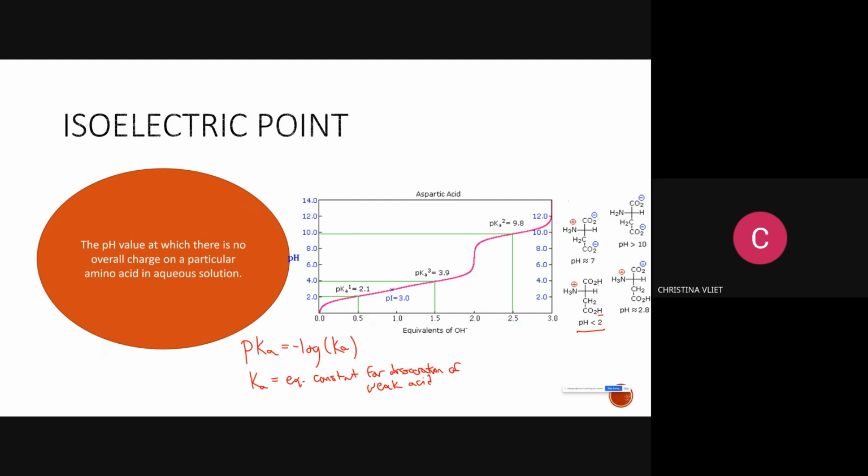You've got this form with all of these H pluses, right? You've got a pH of 2.8 and you've lost 1 hydrogen. You've got a pH of 7 and you've lost 2 hydrogens. You've got a pH of over 10 and you've lost all 3 hydrogens. So what are these telling you? What are the pKa's telling you?